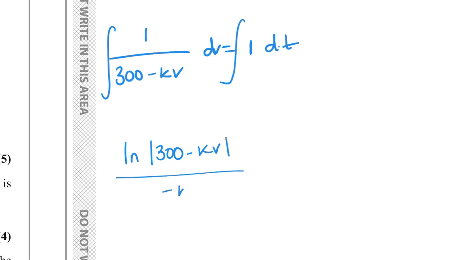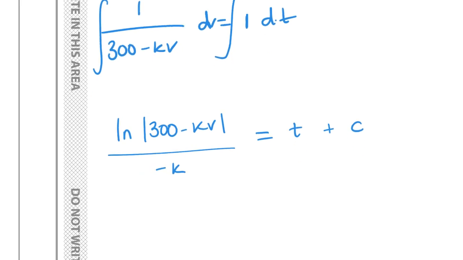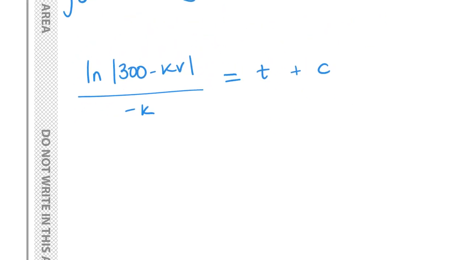Divide by the differential of the bracket. Equals, what's 1 integrated? t plus C. Okay, so I can multiply both sides by negative k now. So I get ln of 300 minus kV equals minus kt plus c.